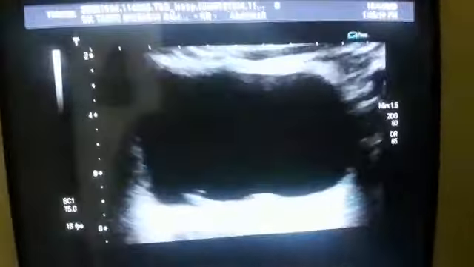This is the cystic area, internally clear of any septa, debris or calcification, measuring approximately 57 by 53 millimeter. This is the vaginal stump. This is the urinary bladder.